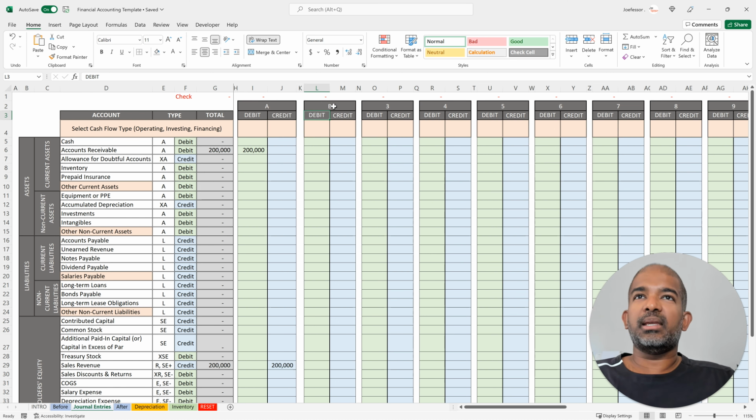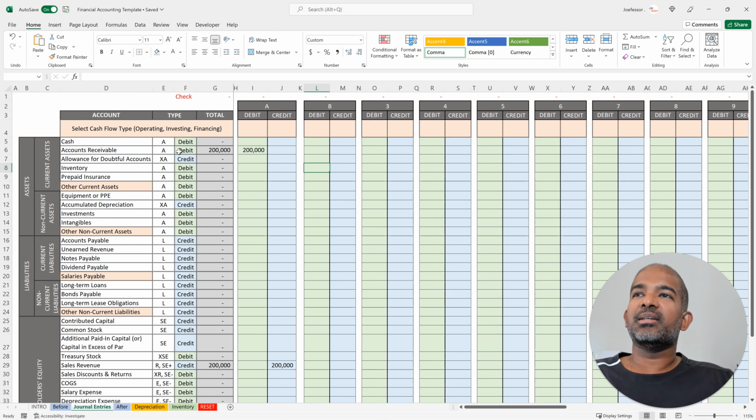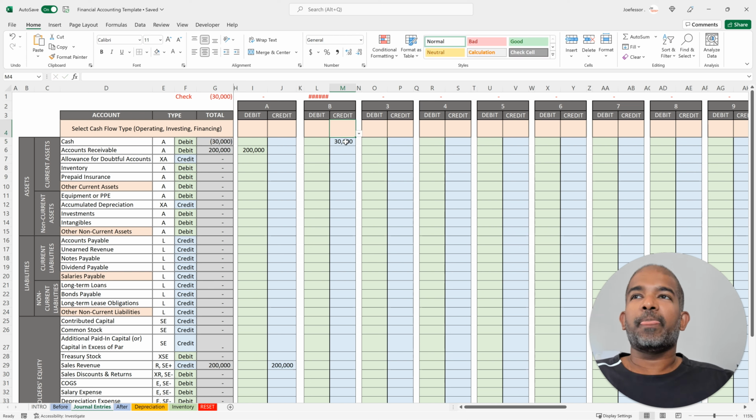Now to B, paid rent of 30,000 for the month of November. So they are actually paying cash. Cash is being credited 30,000. Why? Because cash is going down. Cash is leaving the firm. Rent is an operating activity, so I'm going to select O here to reflect an operating activity.